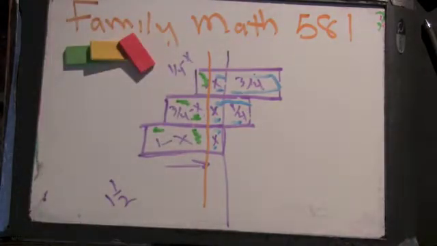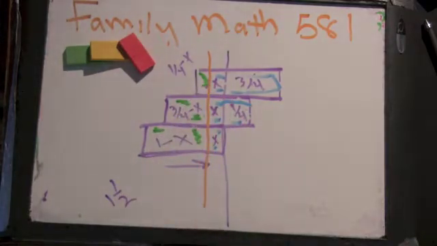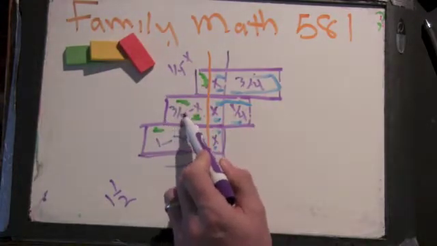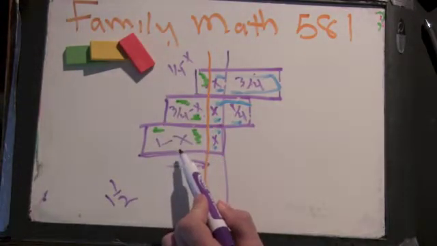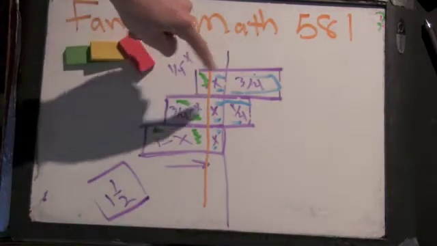How much does this side need to be equal to, the green parts? It needs to be equal to 1.5. Yeah, that's right. We could also have just said 1 minus x plus 3/4 minus x plus 1 minus x is 1.5. Or we could have done that over here.